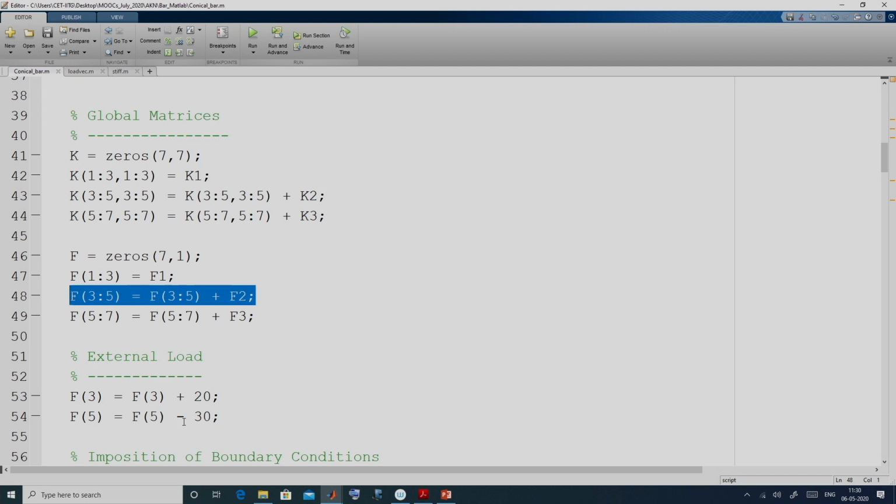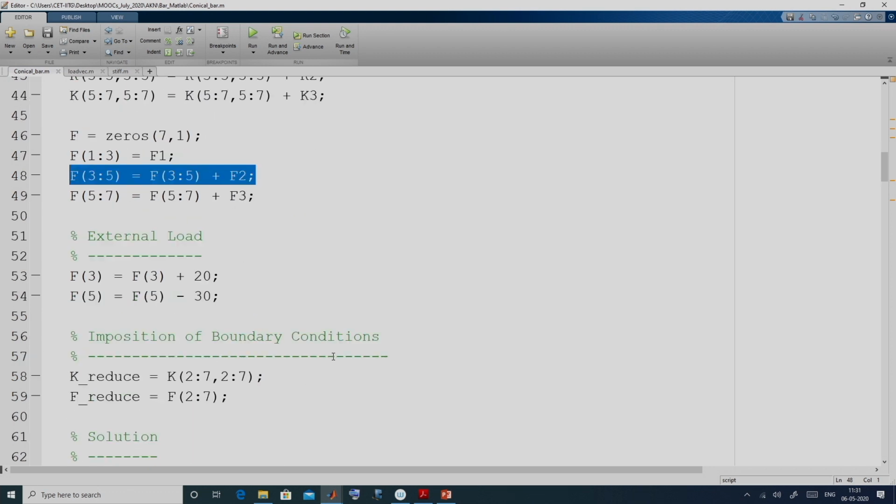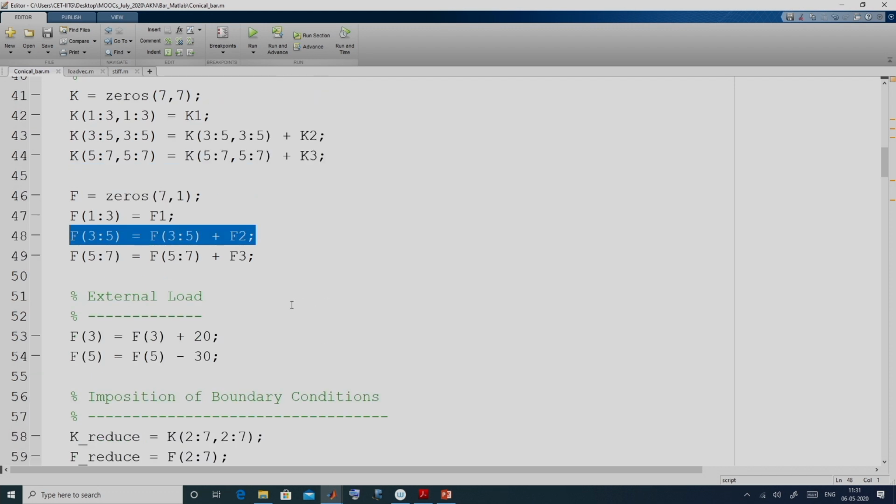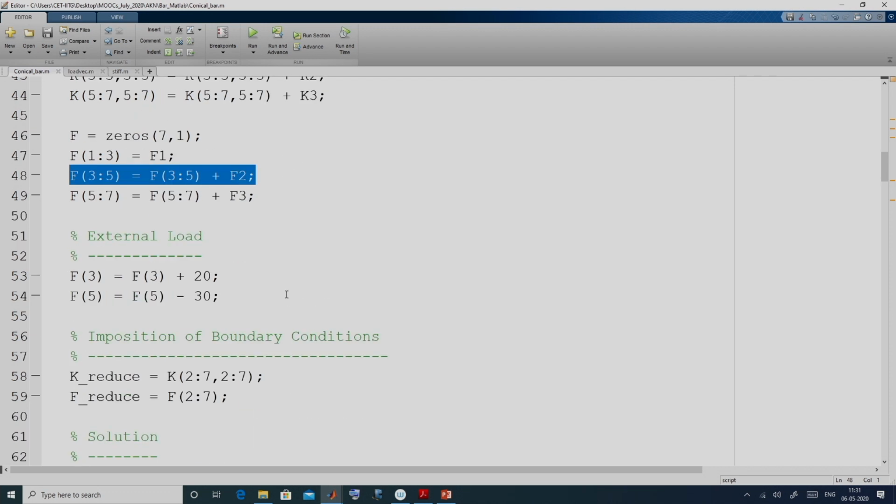So, these signs are decided by the coordinate direction. P1 is in the coordinate direction x, P2 is the opposite. So, it is minus. Thus, we have the global stiffness matrix and global load vector.